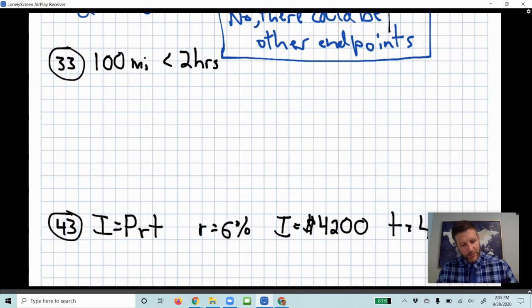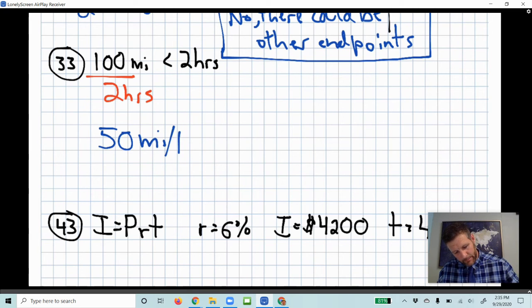Well, miles per hour, we just calculate that by taking our distance divided by our time. And so 100 miles divided by 2 hours means he'd have to be going 50 miles per hour. Or we could write it, 50 miles per hour.